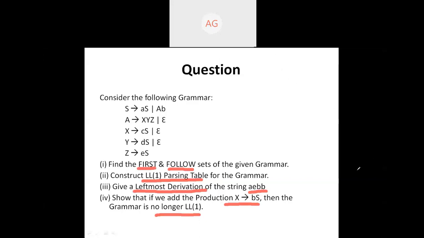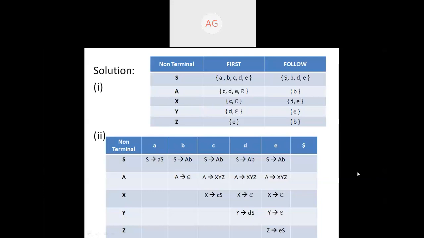Moving to the next slide. So these are the first and the follow symbols. Just tally your answer with this model answer. So the first will include these five: A, B, C, D, E, and the follow of the first symbol will always include this dollar.